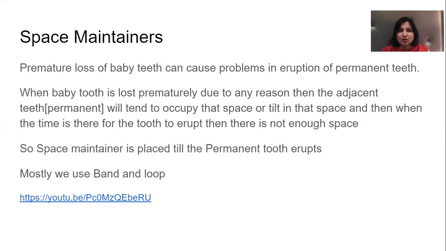Premature loss of baby teeth can cause problems in the eruption of permanent teeth, which means that if the baby teeth fall early, it's going to take 2 years before the permanent tooth is going to come in that space.